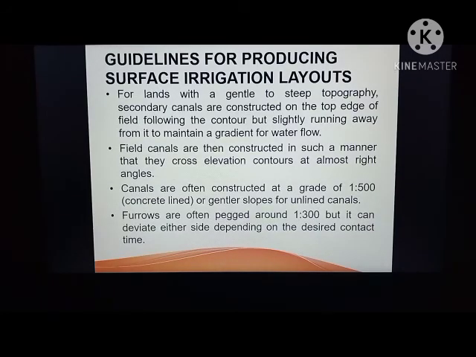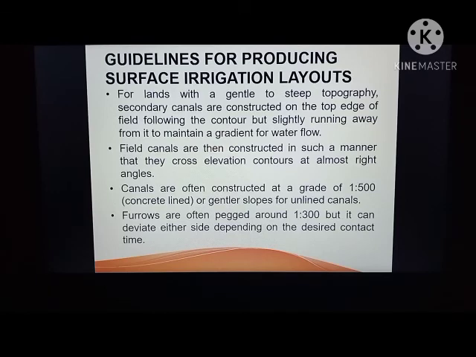Next are the guidelines for land with a gentle steep topography. Secondary canals are constructed on the top edge of the field following the contour but slightly running away from it to maintain a gradient for water flow. Field canals are then constructed in such a manner that they cross elevation contours at almost right angles.